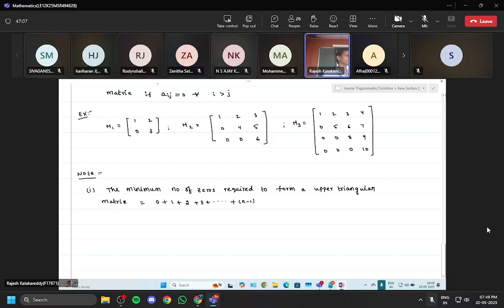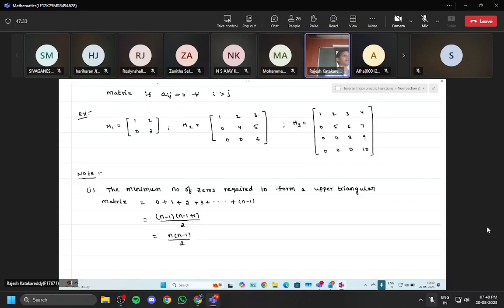Order 4 matrix, I need 3 zeros. Now what I am doing is adding the sum of the first n minus 1 natural numbers. What is the formula, guys? n minus 1 into n minus 1 plus 1 by 2. So we get n into n minus 1 by 2 is the minimum number of zeros required to form an upper triangular matrix.